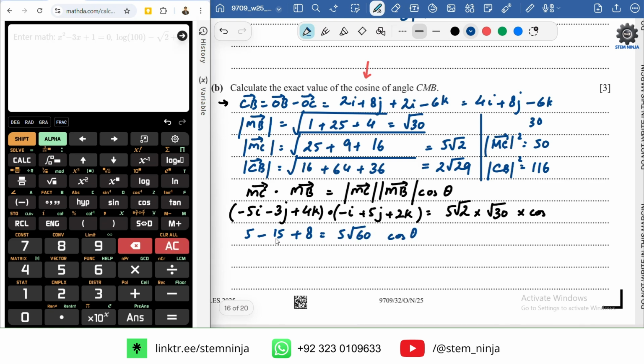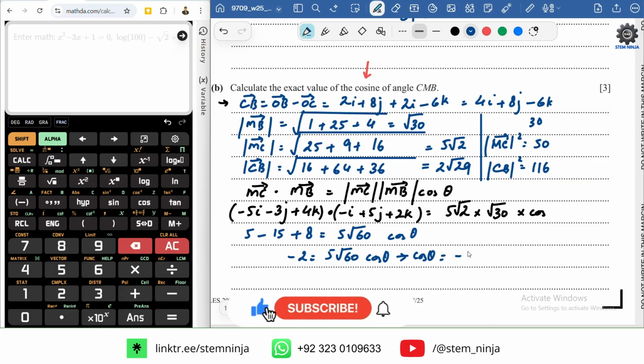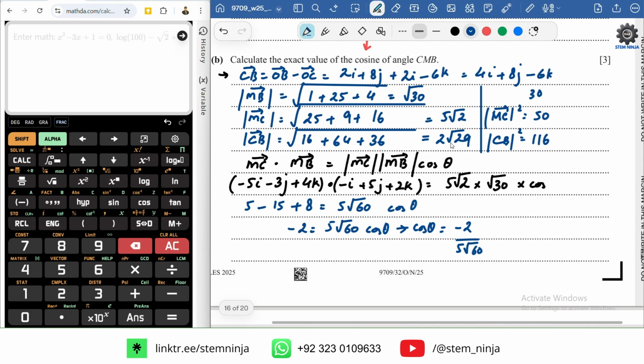So minus 10 plus 8, 2. So minus 2 is equal to 5 root 60 cos of theta. So cos of theta would be minus 2 over 5 root 60. It would be better if we rationalize this, yeah?